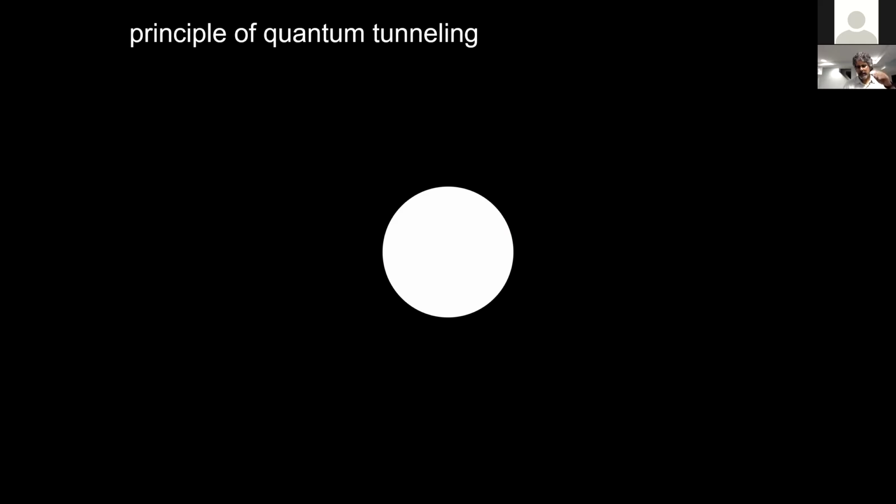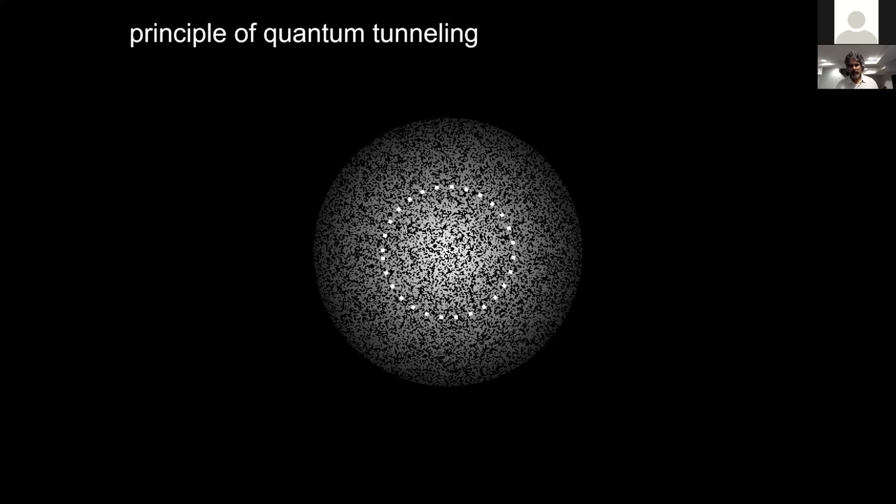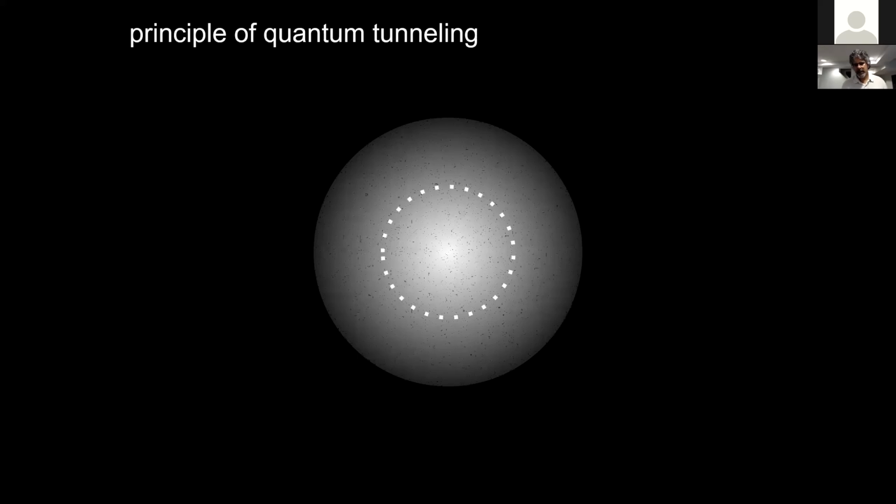One way to think of it is that at the length scales where quantum mechanics is important, objects are no longer sharply defined. You have an uncertainty principle related to their position and momentum, and you can think of an object as not having really sharp edges. So when quantum mechanics is important, things are fuzzier. And that fuzziness can lead to some dramatic effects called tunneling.